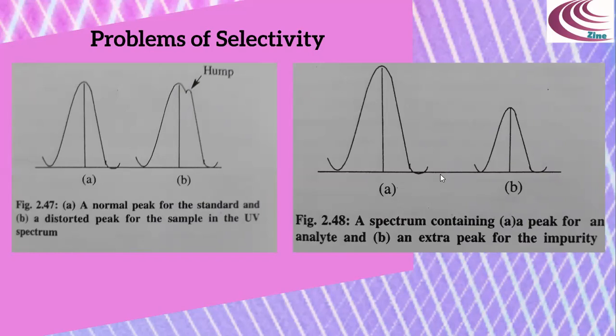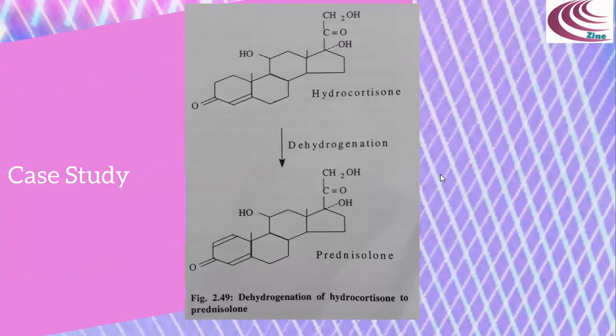Sometimes the sample solution contains compounds with similar chromophores, as we will take this case study right now. For example, prednisolone is manufactured by dehydrogenation of hydrocortisone.